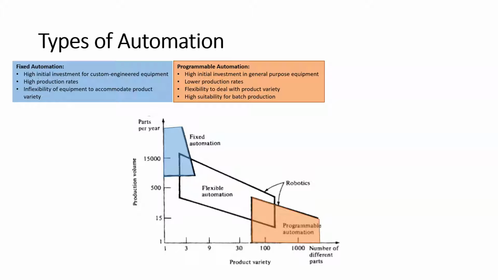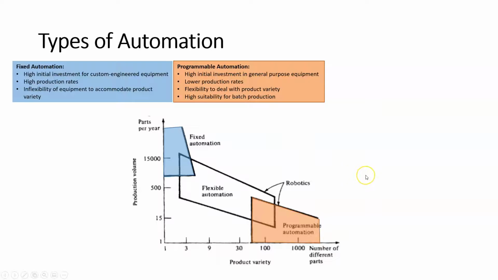There may be training, testing, setup that we have to do. That's an example of batch processing where we set up a machine tool, for example, or a robot, whatever we're setting up, programmable automation, so that we can work for a set period of time to produce a number of parts, and then we're going to switch everything and make another batch of parts. So soft or programmable automation is highly suitable for batch production.